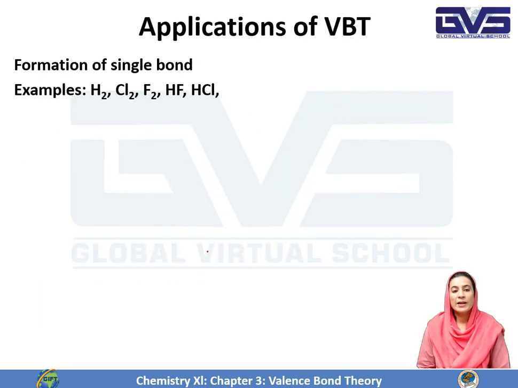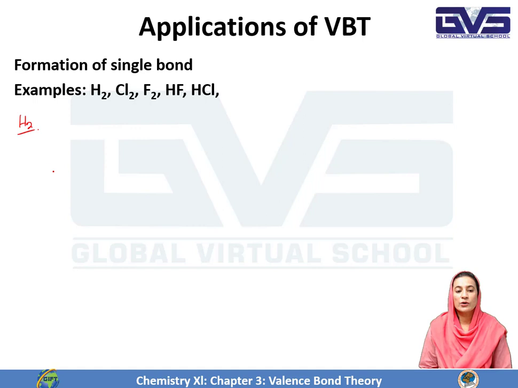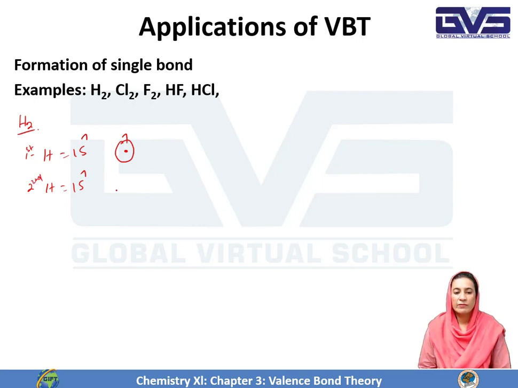Now I will apply these features of sigma and pi bonds, and we will look at how the sigma bond is formed. The first example is H2. Hydrogen's electronic configuration is 1s1, so it has a spherical shape, a nucleus with one electron. The other hydrogen also has 1s.